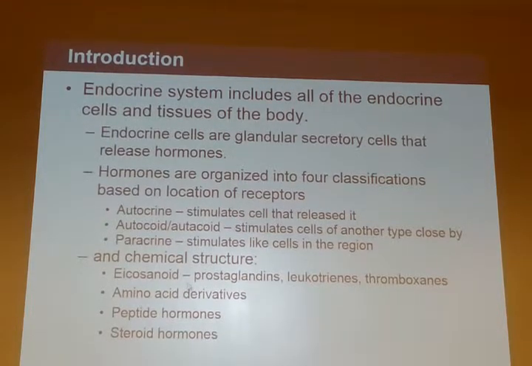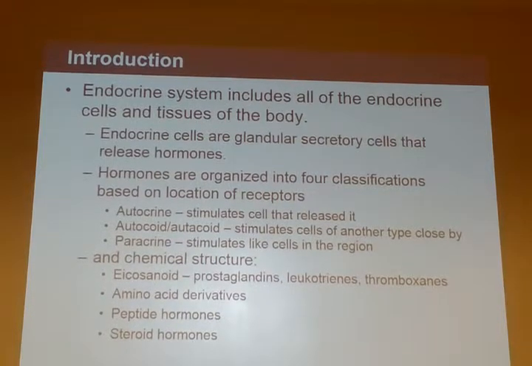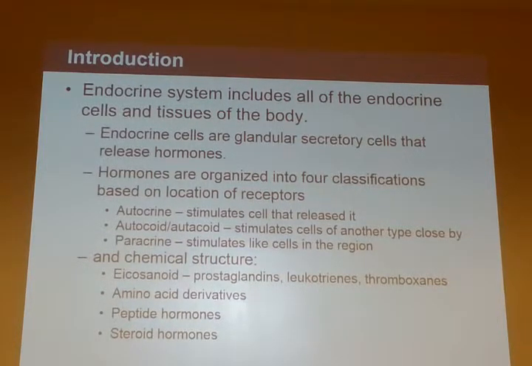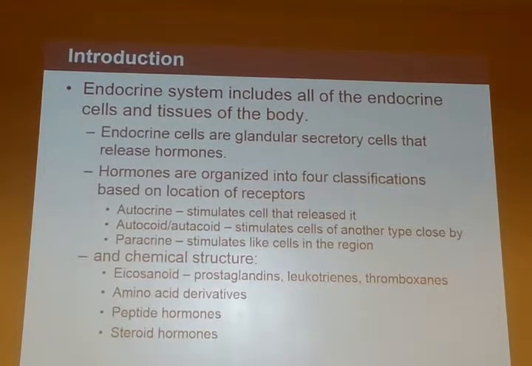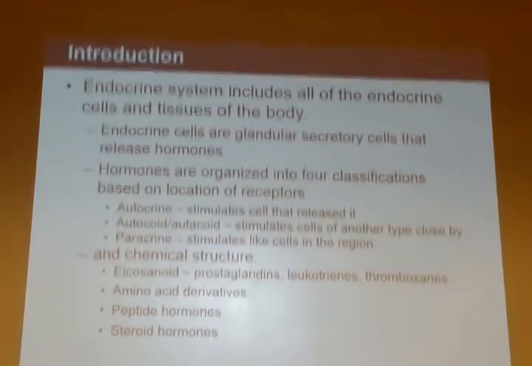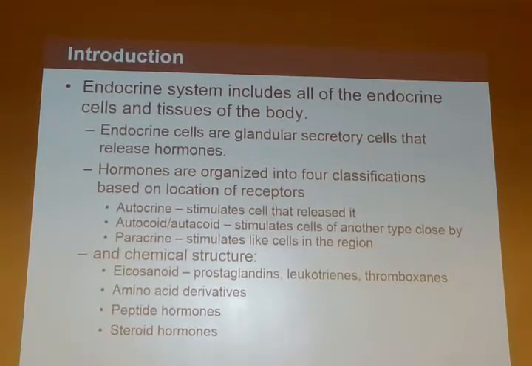So eicosanoids, if they're made from arachidonic acid, are going to have a 20 carbon backbone. That's what eicosanoid means. If that arachidonic acid interacts with the cyclooxygenase enzyme, you get prostaglandins formed.